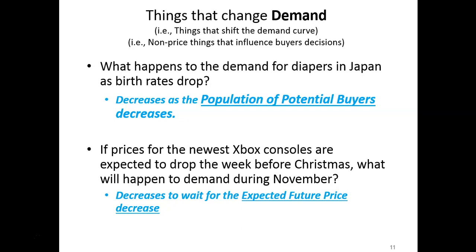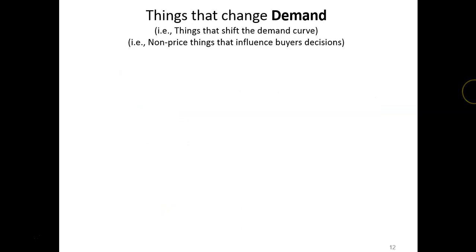And a lot of people do this. People wait till right before a holiday, waiting to get the sale for things, kind of clearance items, right? So if they expect it to go down, they wait if they can. So the expectation that future prices are going to go down causes demand to decrease now, waiting for that price decrease, which may or may not come.